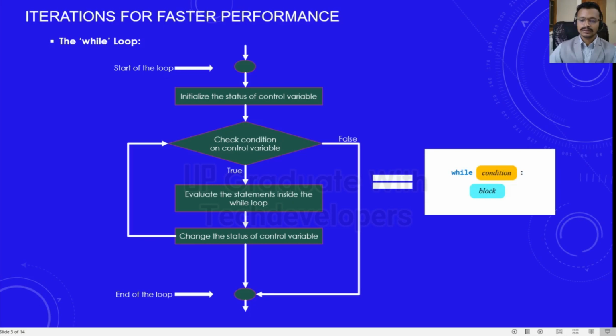So when this condition becomes false because of the updated count value, that is 6, then the condition becomes false. Once the while loop condition becomes false, the interpreter will come out of the loop, means it will exit the loop and enter into the normal program lines, the remaining program lines.